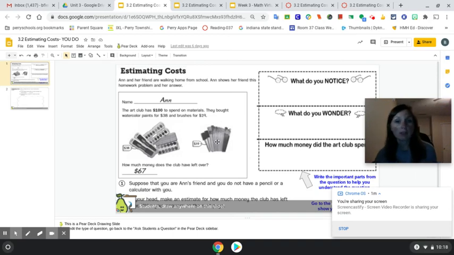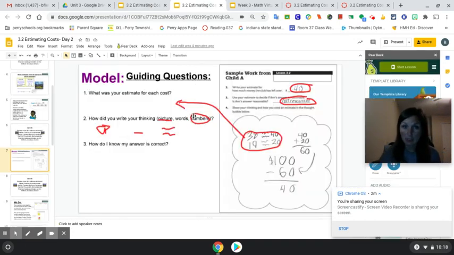They added 40 plus 20, which they said was close to 60. So the person who said 67, they decided was not reasonable, because they said they would end up with 40 left.